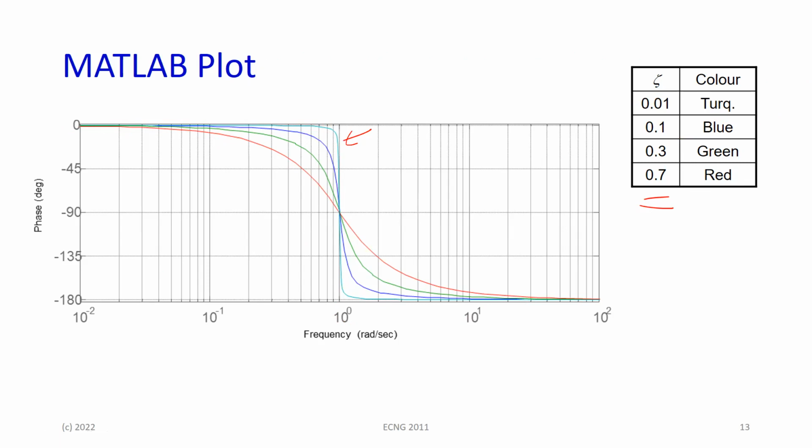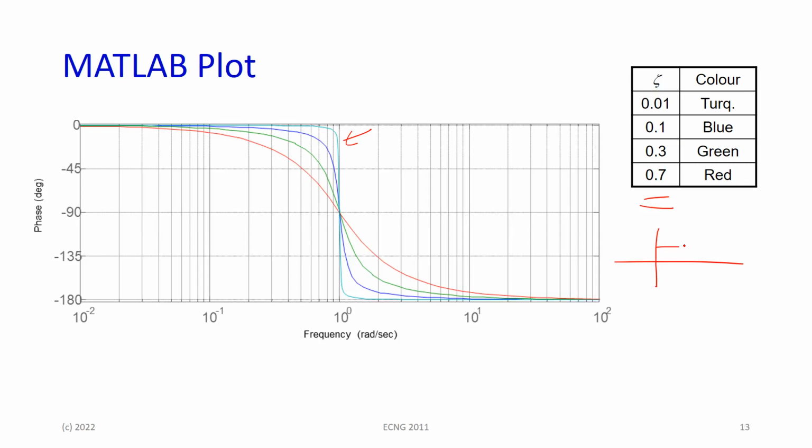You have the cumulative in your notes, the two graphs, one on top of the other. So you can see how, as the magnitude changes, the phase changes at the same time. The lower the damping, the higher the peak.